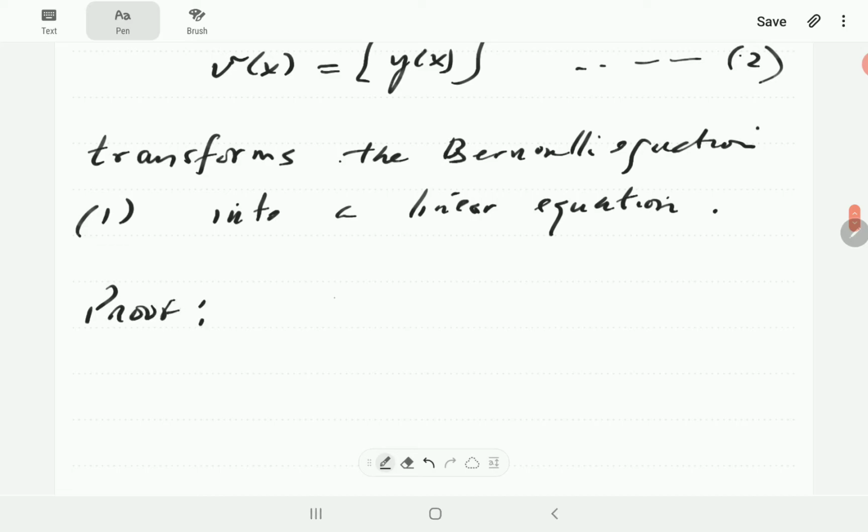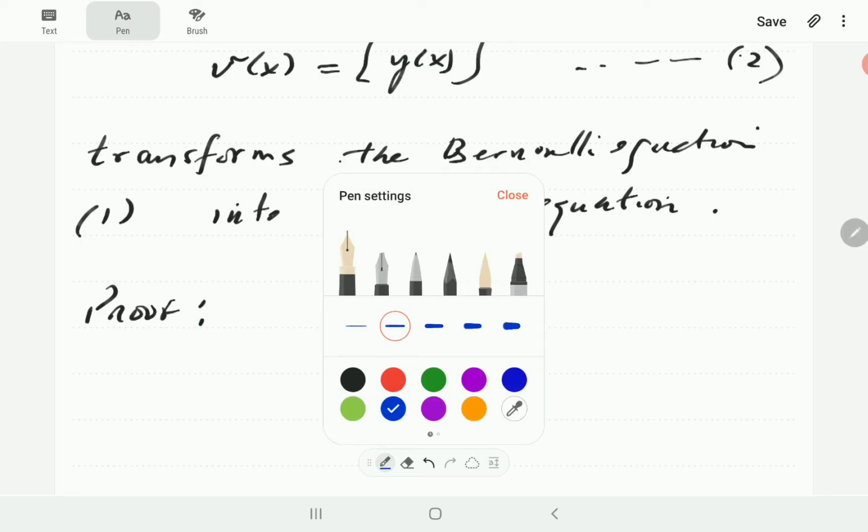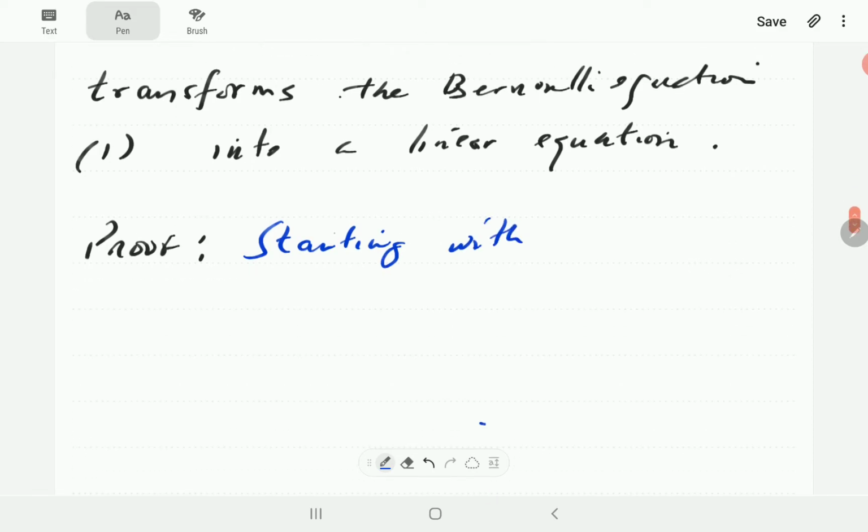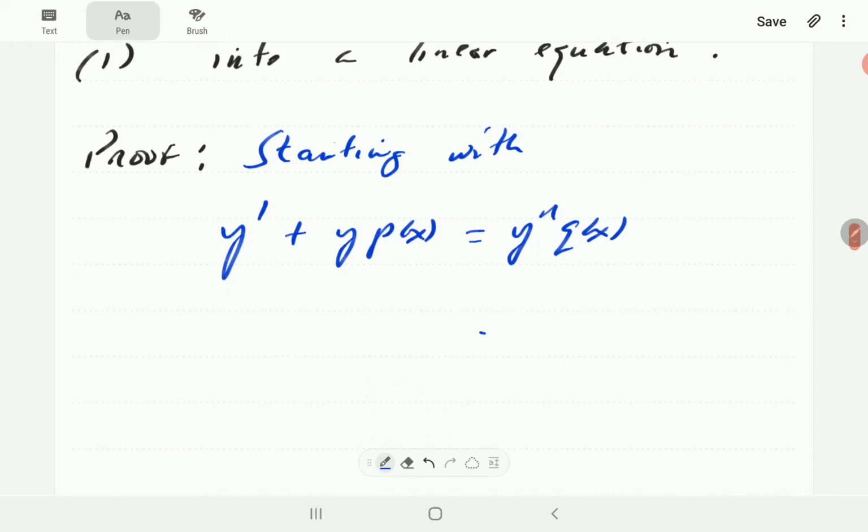Okay, so let's see how this works out. So proof, okay, so we're going to start off with, I'm going to use the prime notation now. So y prime plus y p of x is equal to y to the power n q of x.